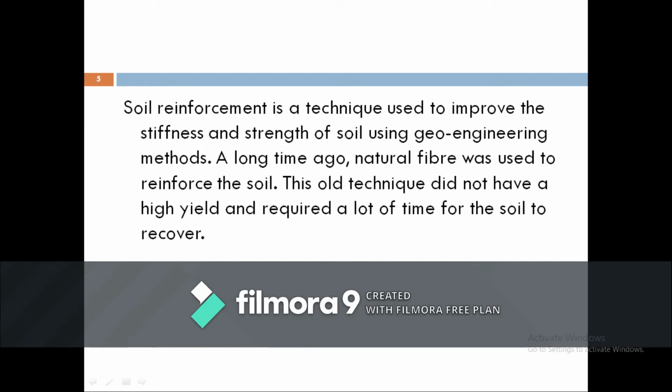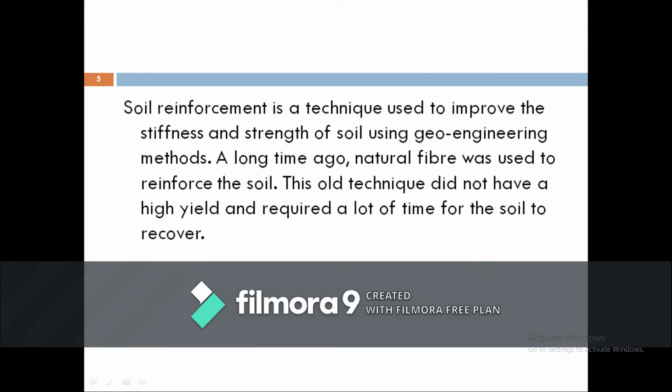And the next one is soil reinforcement. What is soil reinforcement? Soil reinforcement is nothing but increasing the stiffness and strength of the soil using some geoengineering methods. What are geoengineering methods? Adding your natural fibers, or else adding your lime columns, or stone columns, or else some sand columns.